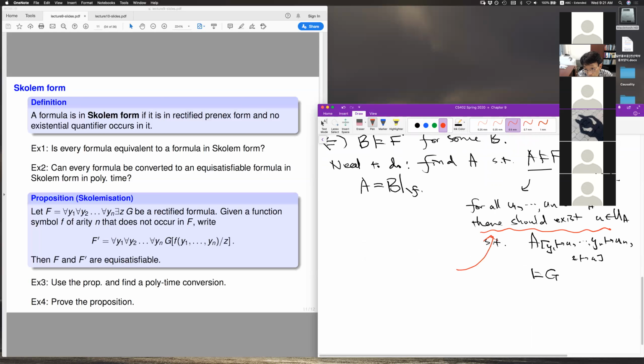But for this choice, we can set u to be the meaning of this function symbol under B applied to u1 up to un. If you do this, then here's what we have.